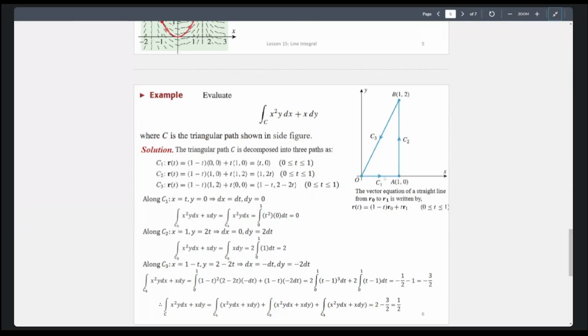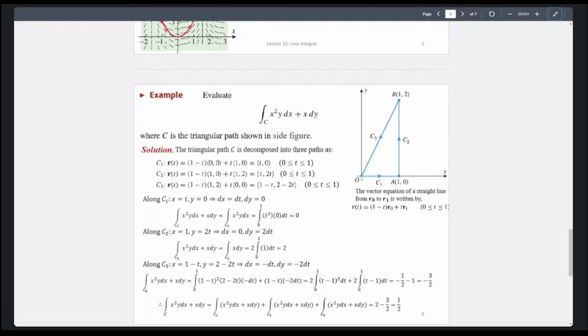Here is the horizontal line, here is the vertical line, here is the diagonal line of this right angle triangle, OAB. Now, if you want to know the line integral along these triangular edges, how do you complete this line integral?